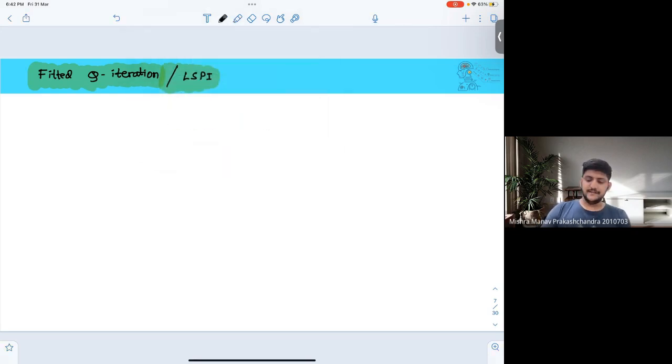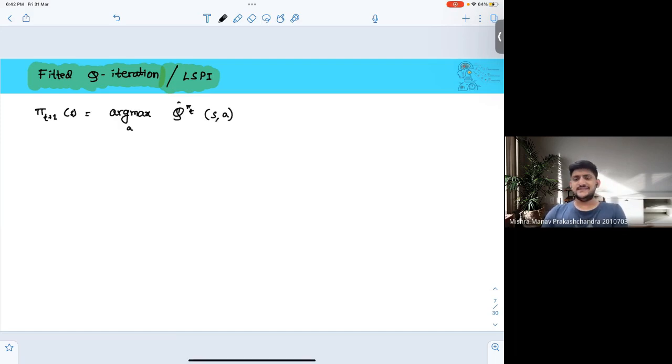So for LSPI, the way to recover a policy pi is by being greedy with respect to the Q function, right? So you have argmax over a of q hat pi at time t of s comma a. Okay, this is how you behave.